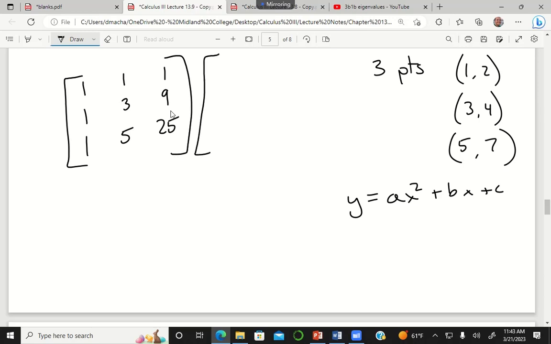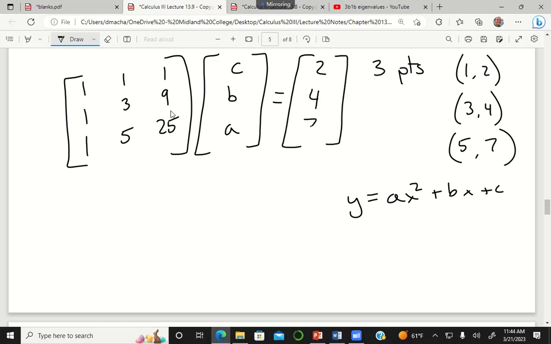And then I multiply this times the vector c, b, a, and I expect the result to be my y-coordinates, 2, 4, and 7. Because again, think about how I would get this 2. I would take the dot product of my first row times this vector, so it would be c plus b times x plus a times x squared. That should give me my y.